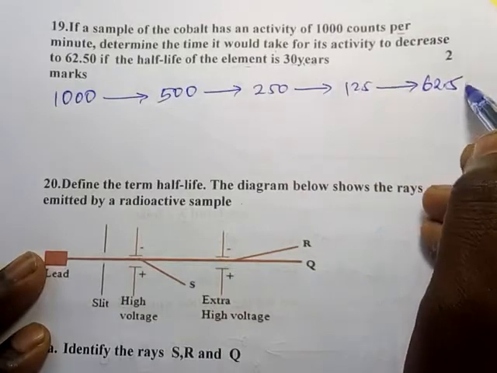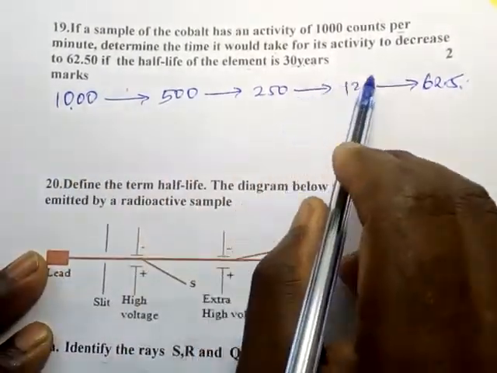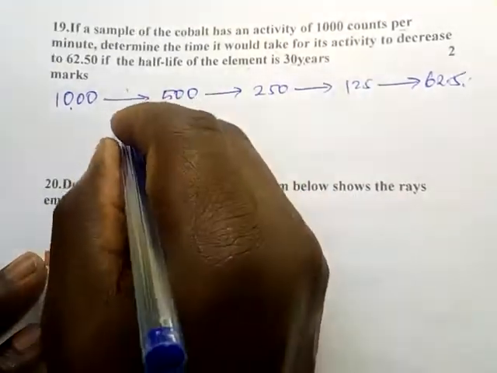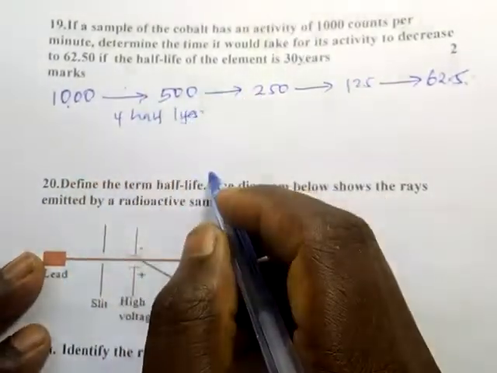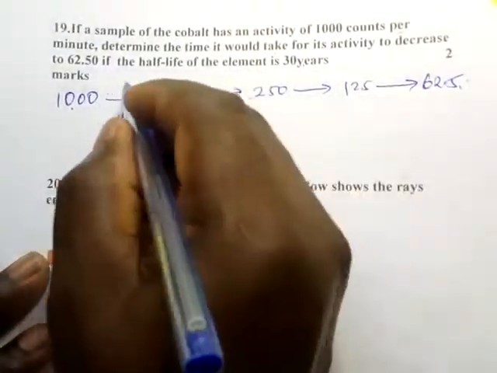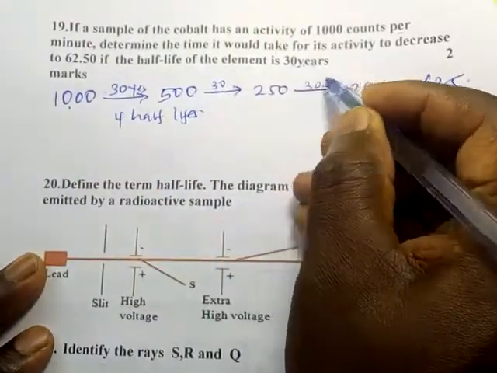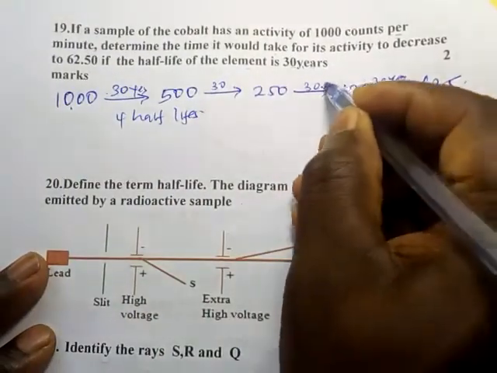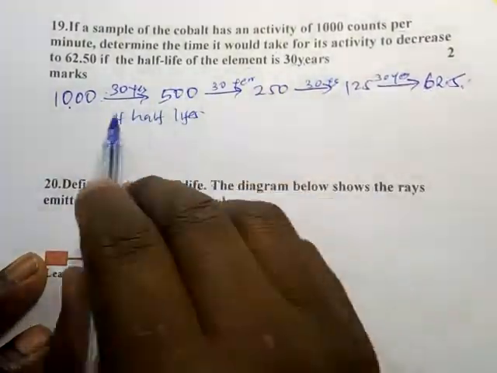So we have the final, we have the initial. How many half-lives? 1, 2, 3, 4. So we have 4 half-lives. We know 1 half-life takes 30 years. If 1 half-life takes 30 years, how long will it take?